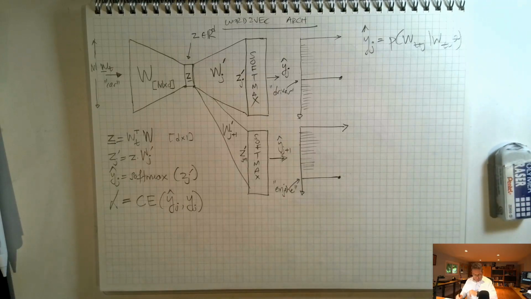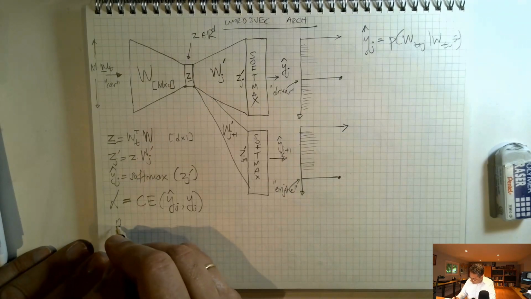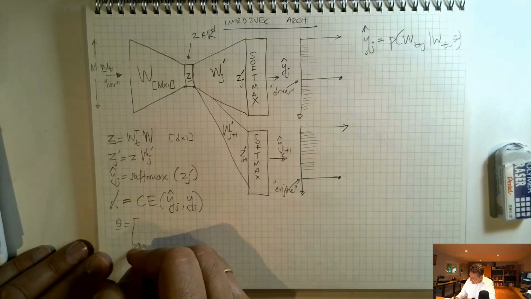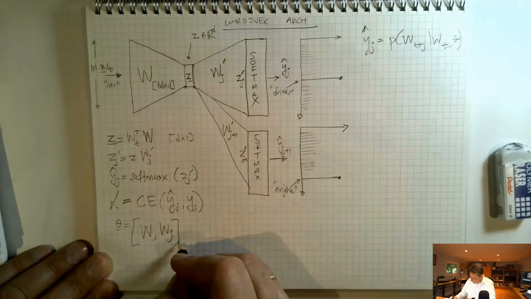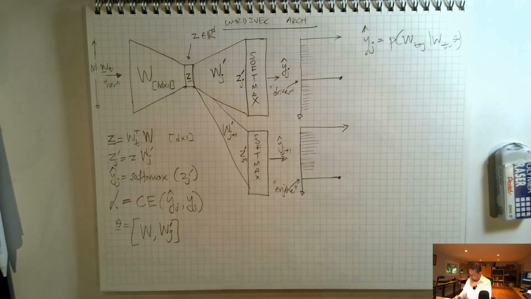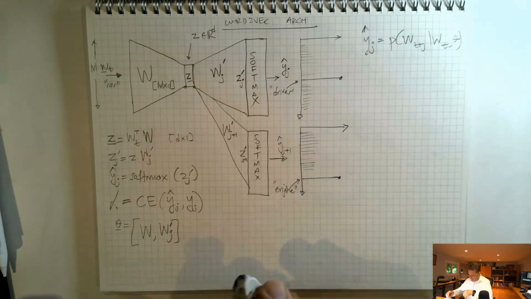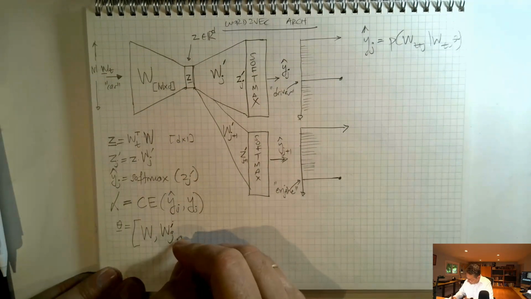Okay, so this is going to be the loss, and of course we have a set of trainable parameters that correspond to W and Wj prime. These are the matrices. Of course we have other matrices as well, so I may include them as shown over here.